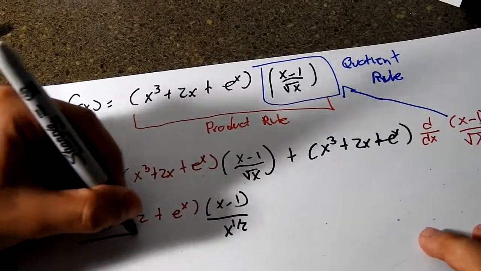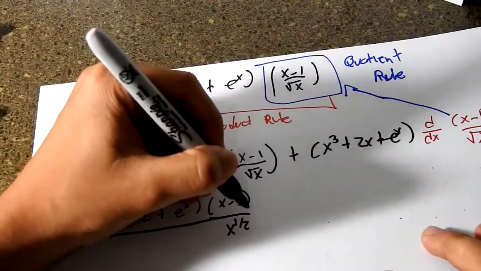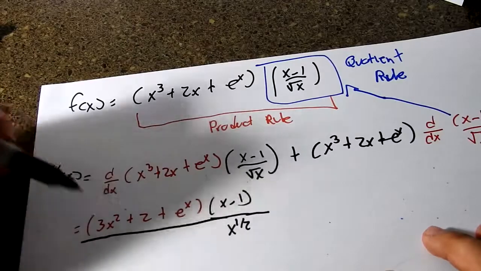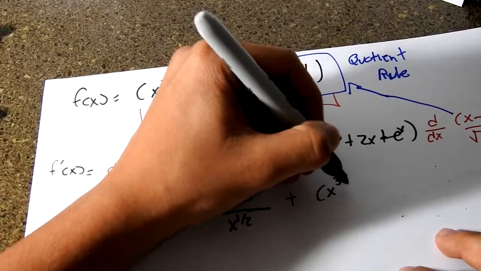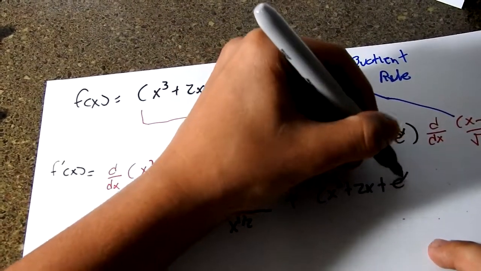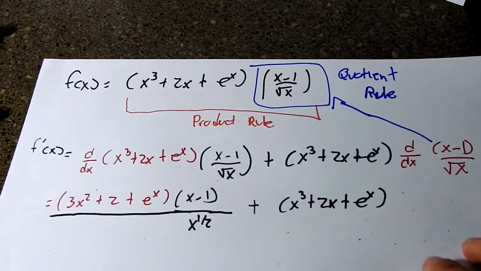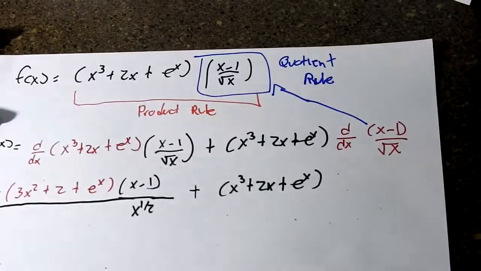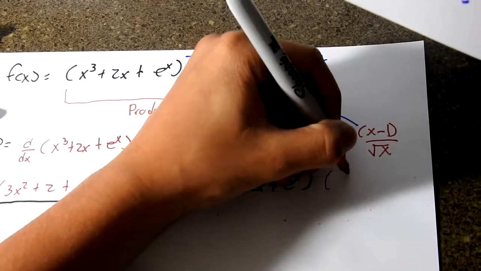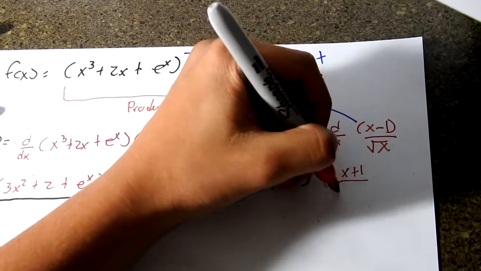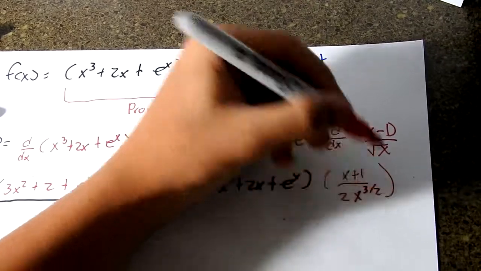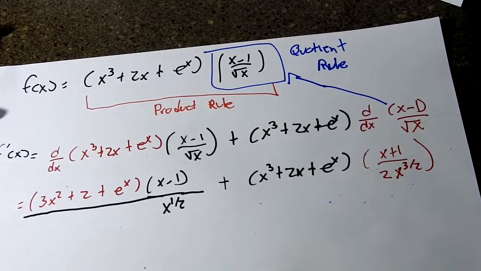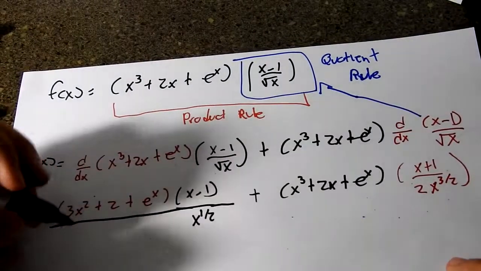In fact, we can put all of this under the same denominator, this part over here, and then we have plus x to the 3rd plus 2x plus e to the x, and then times the derivative of this, which we know. We're going to copy it right here. We have x plus 1 over 2 times x to the 3/2. Right? So I'm going to put this in a way you can see it more clearly.